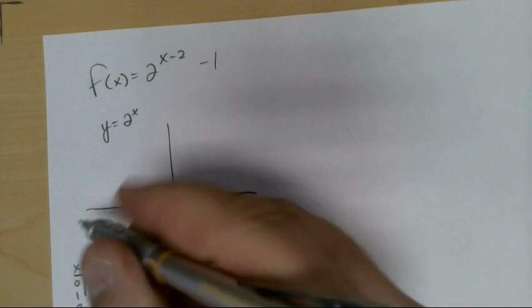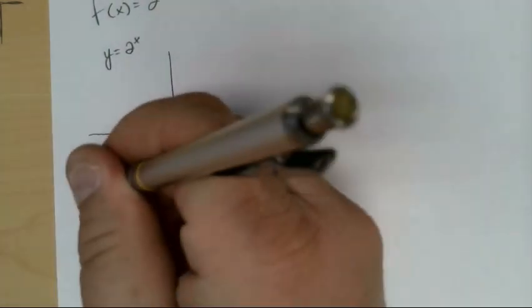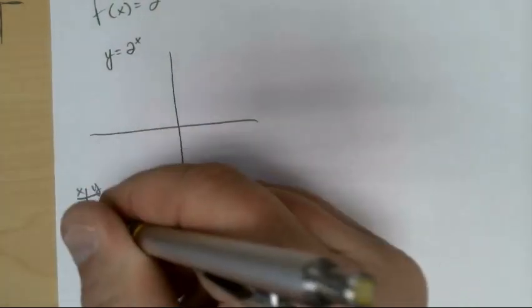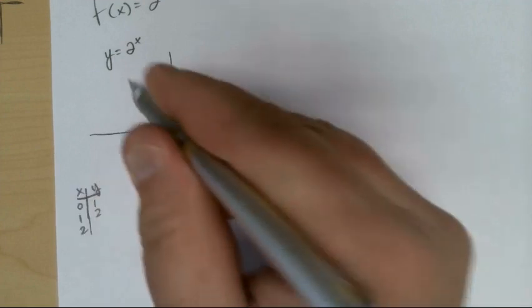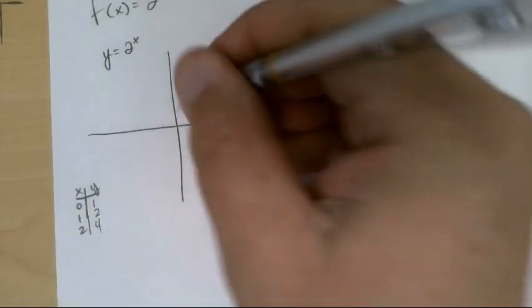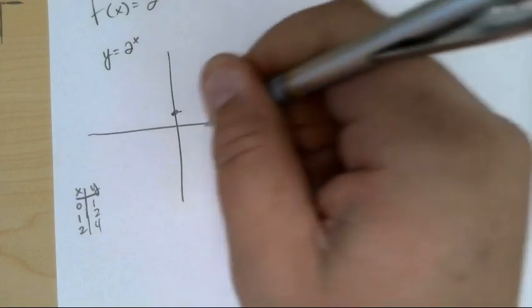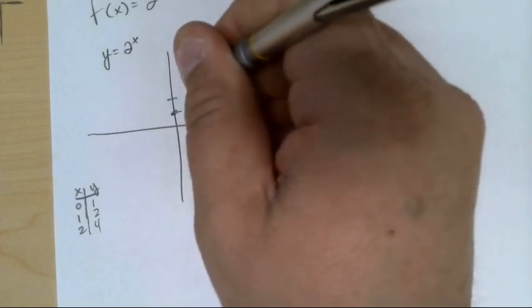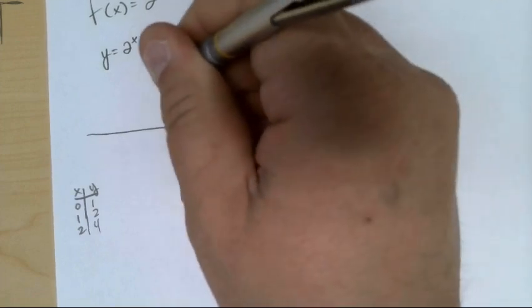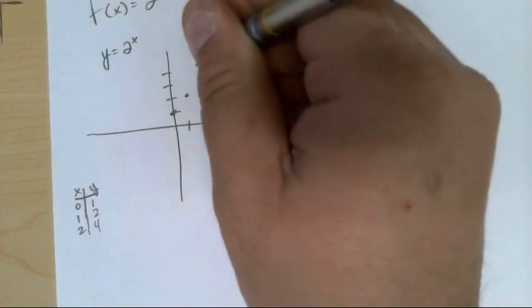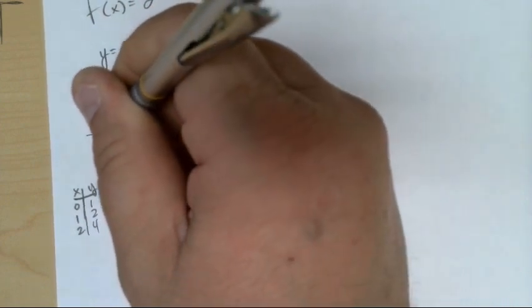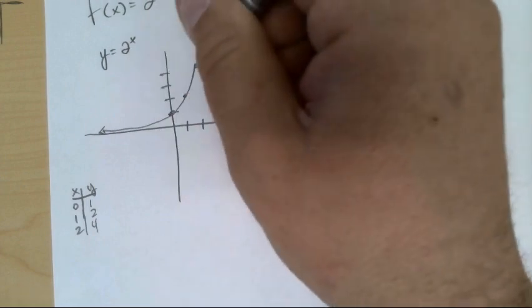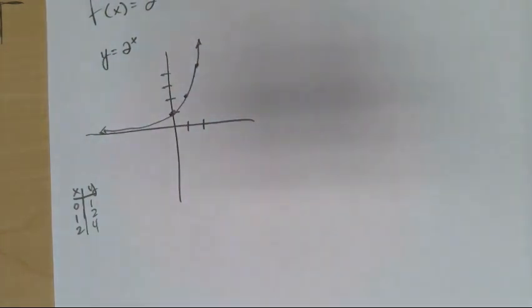If I put a 0 in here, 2 to the power of 0 is 1. 2 to the power of 1 is 2. 2 to the power of 2 is 4. So I've got 0, 1 right there. 1, 2 there, and then 2, 4 right there. And I remember this is going to look like that. Okay? Exponentials look like that.